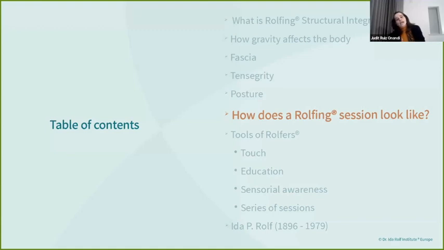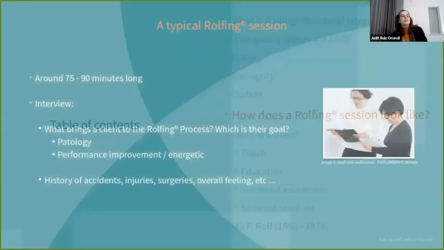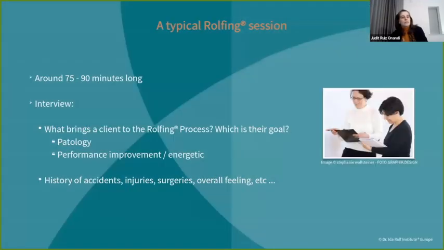So now, how does a Rolfing session look like? Maybe many of you already had Rolfing sessions, but for the people that didn't, a typical Rolfing session is around 75 to 90 minutes long, and we always interview our clients, especially for a first session, but of course in every session too.